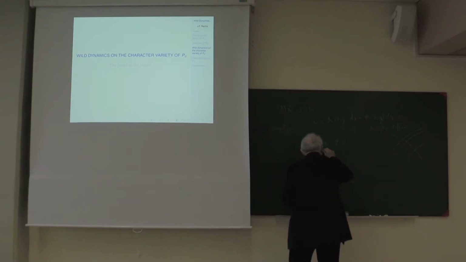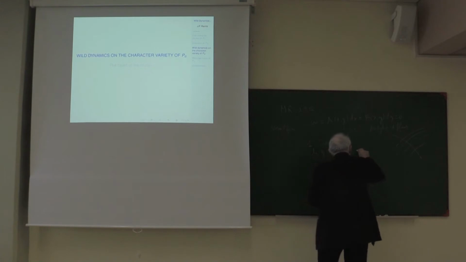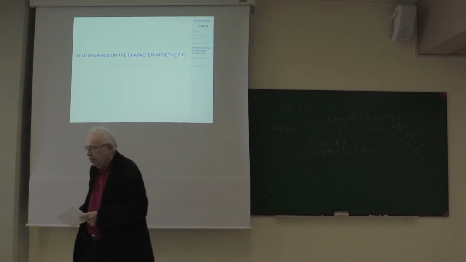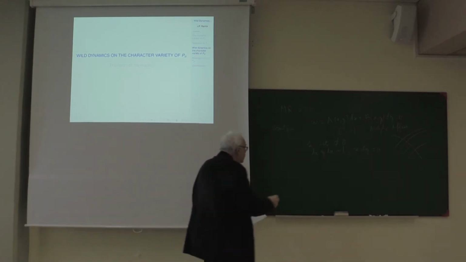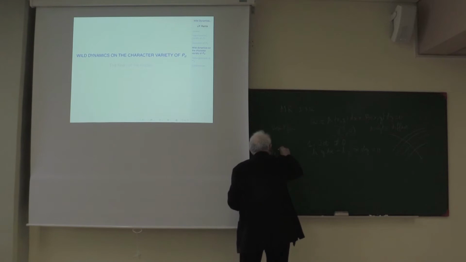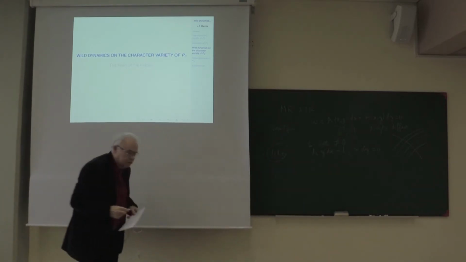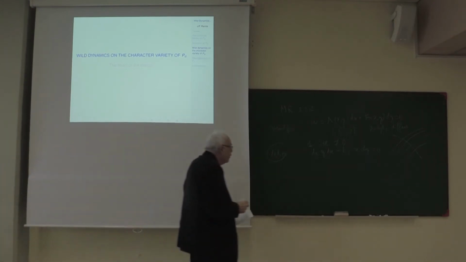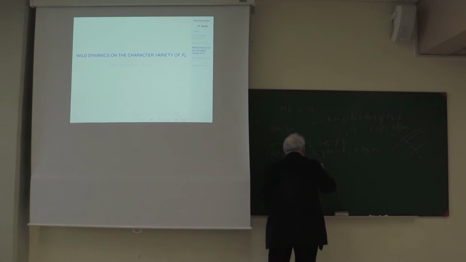Okay, so in that case, you have this situation. The lambda 1 and lambda 2 are complex numbers. Then you look at the ratio.